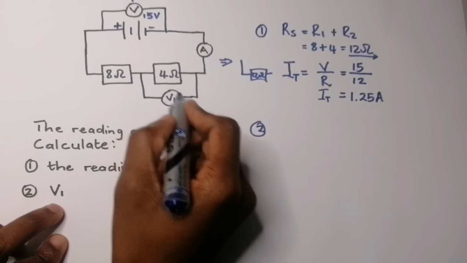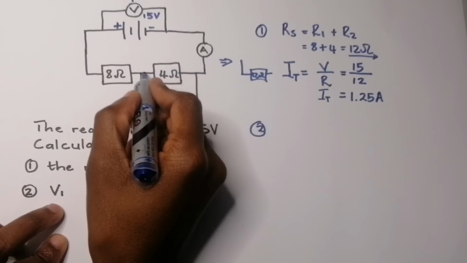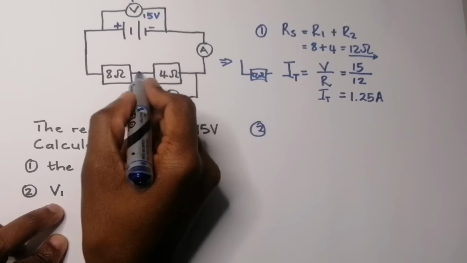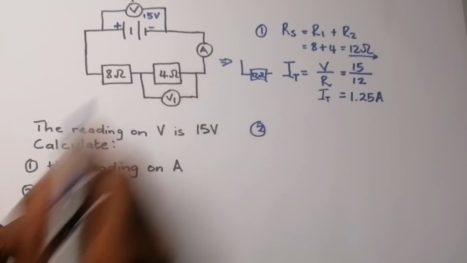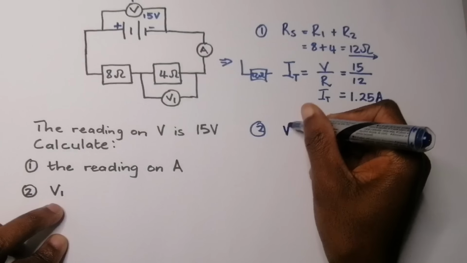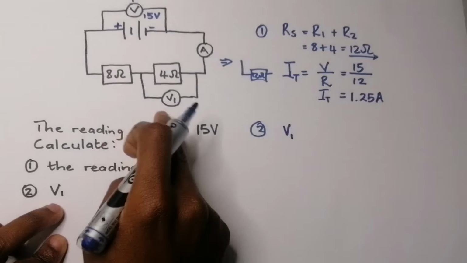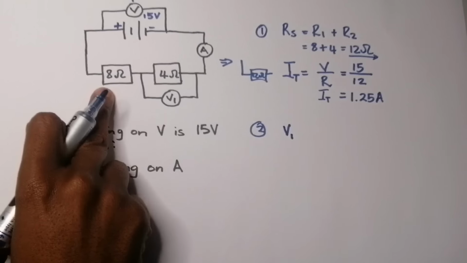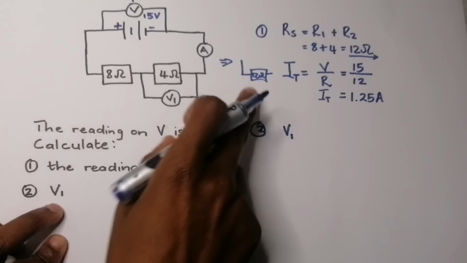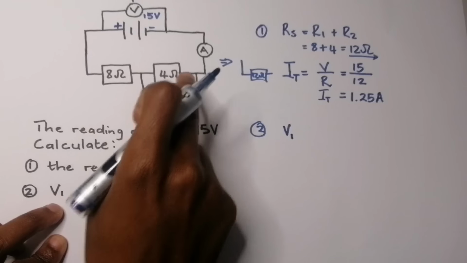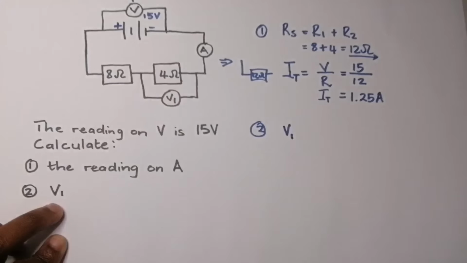So our voltage V1, can you see there? What is it reading across? It's only the 4 ohm resistor. Can you see that? So when you use V1, there's no way that you can use V1 with any other resistor. You can't use it with the 8. You can't use it with the 12. It's only the voltage across the 4 ohm resistor.